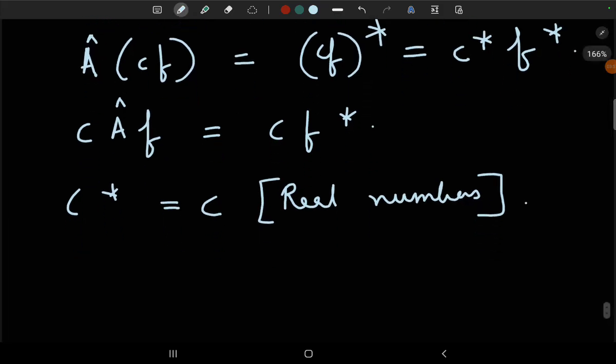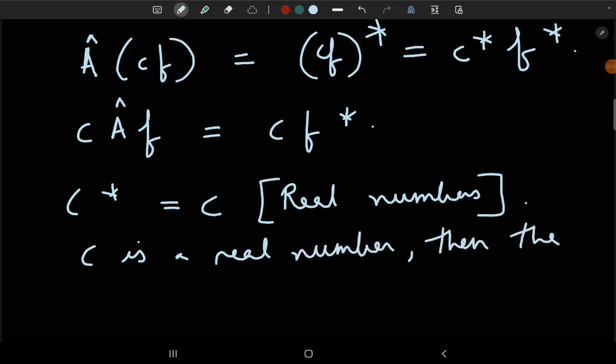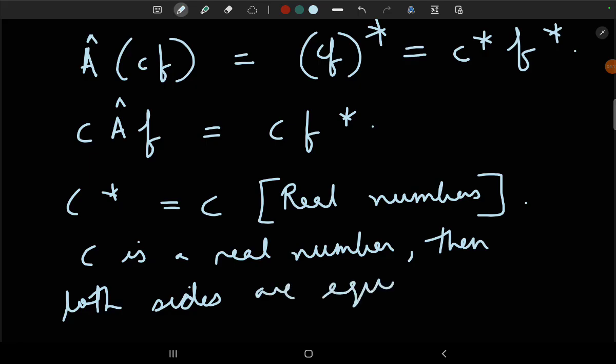So if the constant c is a real number, then both sides are equal, and linearity is valid.